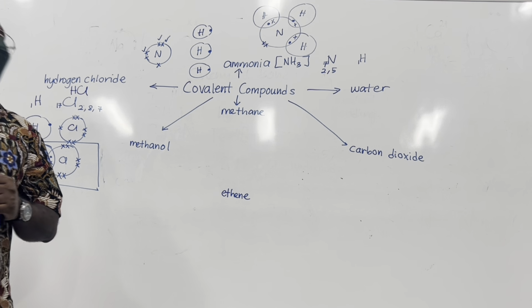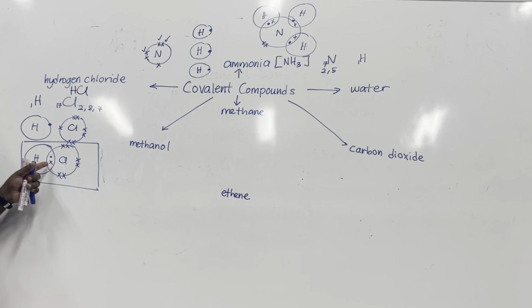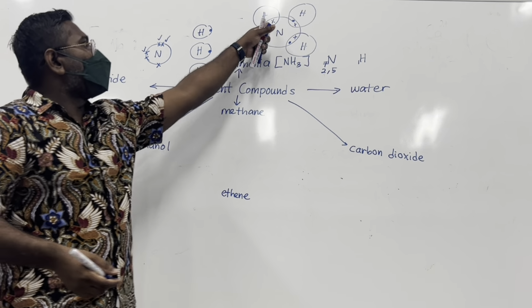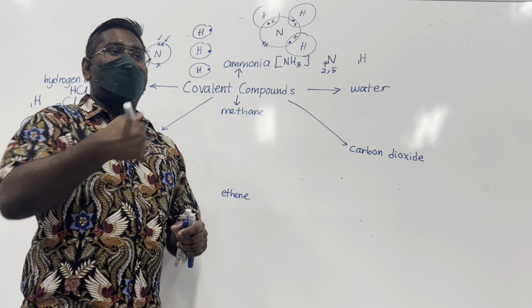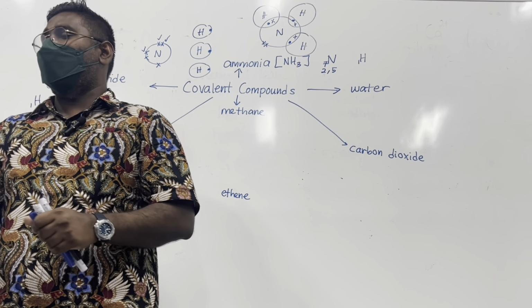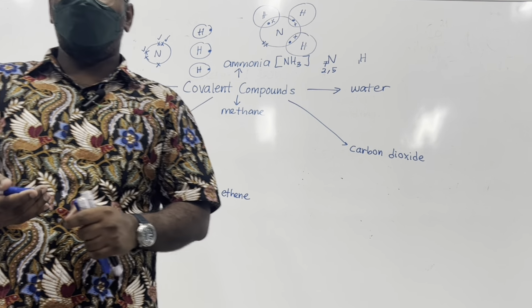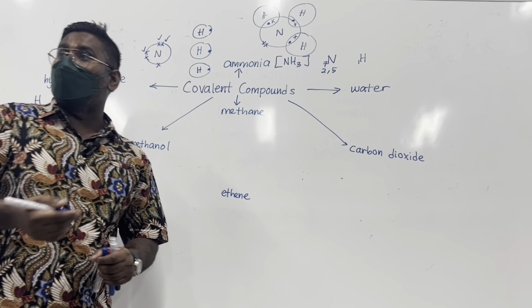If you look over here, this is what we call a bonding pair of electrons. The electrons that are not paired, we call lone pair. But this one is not so important.